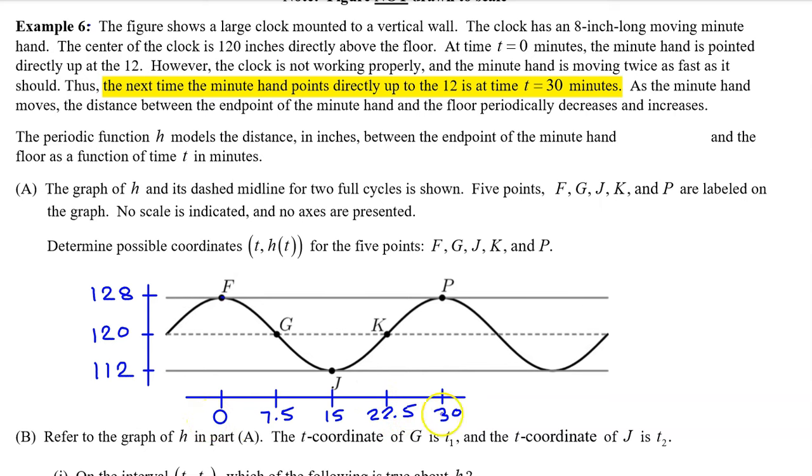Now that we have the input values and the output values for every point, we can list off the coordinates. So the point F is at (0, 128), and then point G is at (7.5, 120). Point J is at (15, 112).